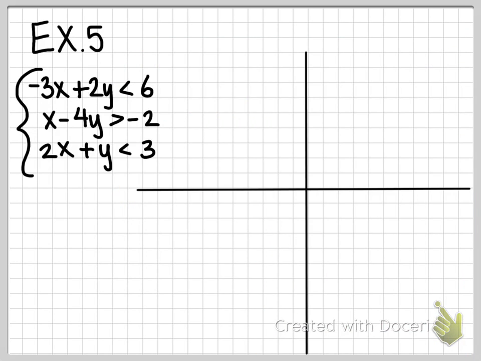Okay, same thing for number 5. We have 3 inequalities that we're going to graph on the same coordinate plane. First thing, I've got to get y by itself. So the first inequality, I would need to move the 3x to the other side, so it's going to become positive, and then I would have to divide everything by 2. So it's going to give me y is less than 3/2 x plus 3.